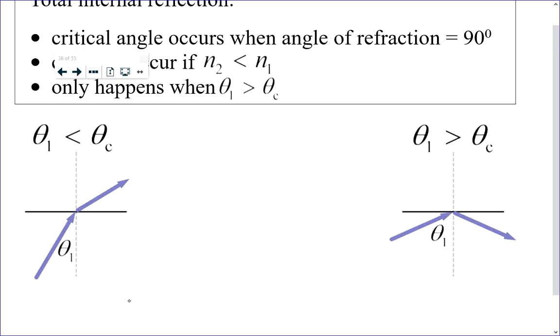Does anybody have an idea of what's going to happen if the angle of incidence is exactly equal to the critical angle? Theoretically, what should happen? Would you want to take a guess? I mean, nobody's going to get hurt if we guess. Ben?